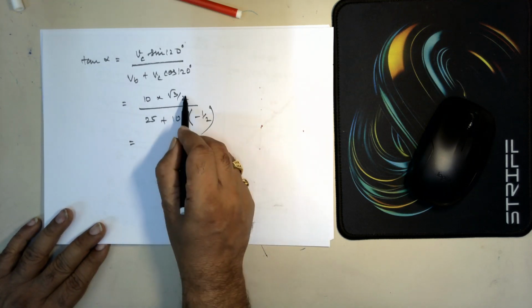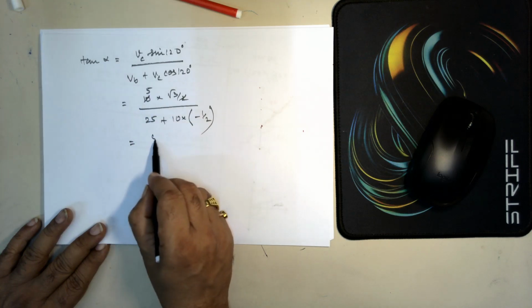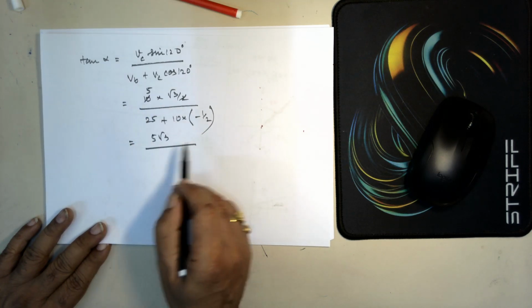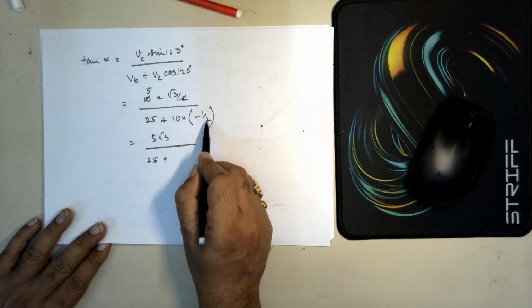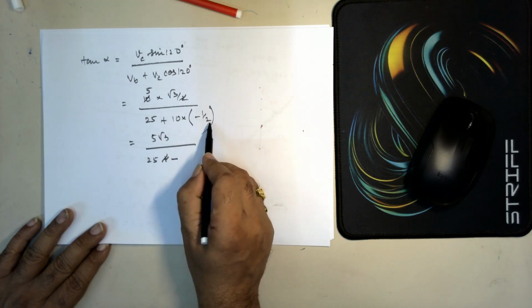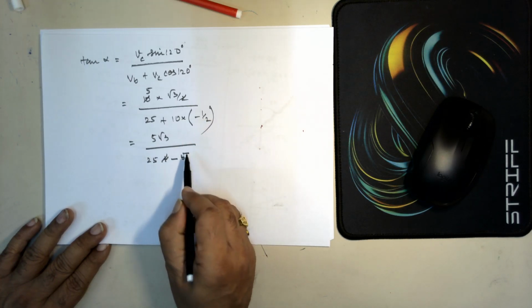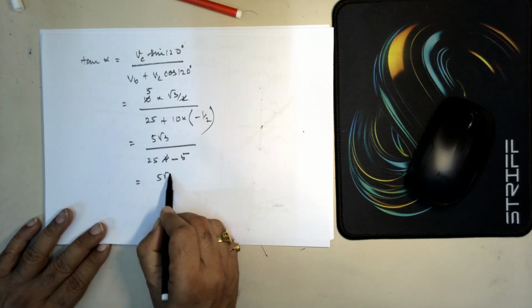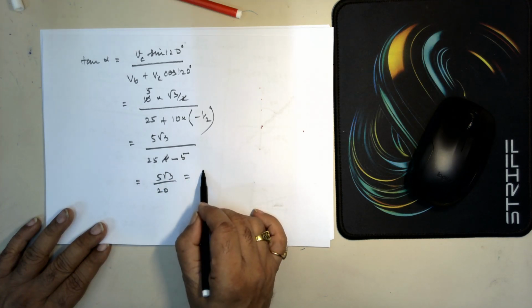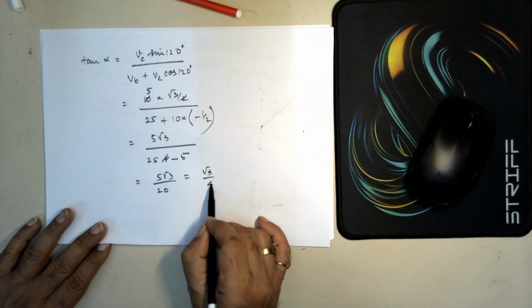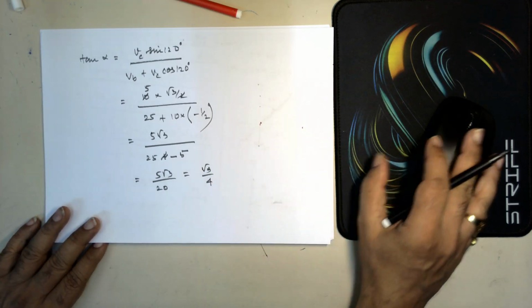And this one is 5 root 3. So 5 root 3 divided by 25 plus how much? 25 minus 5, right? That is 5 root 3 divided by 20. That is root 3 by 4. Got it?